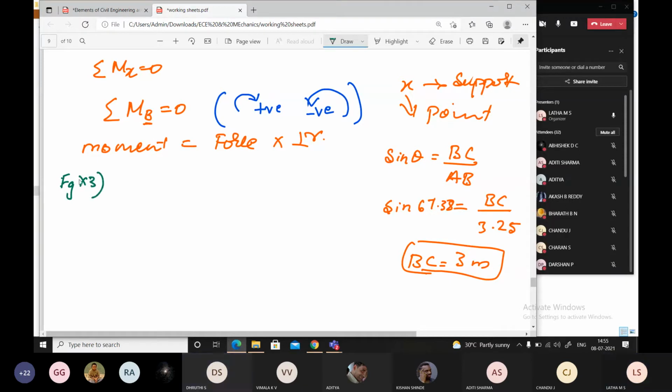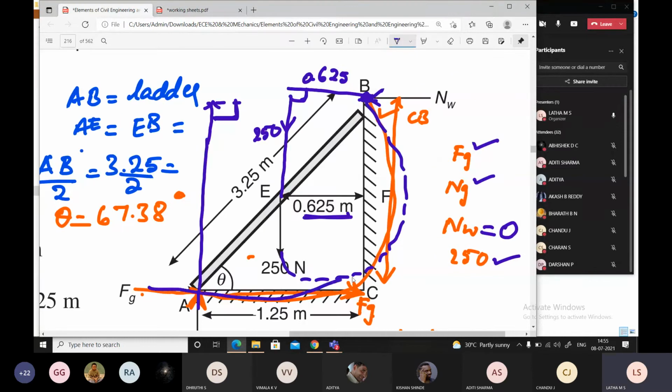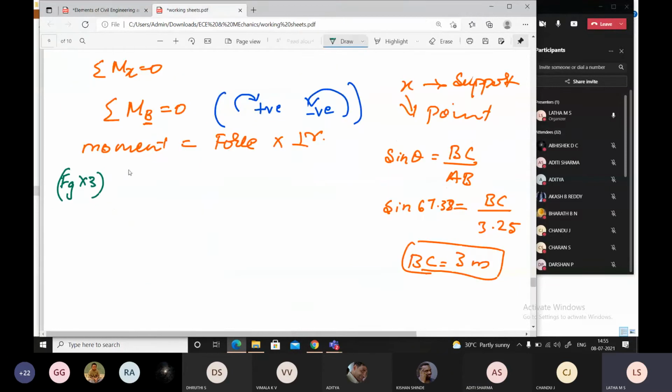Ng into 1.25. Plus or minus, you should mention that. Is Fg plus or minus? Fg is moving in this anti-clockwise direction. Minus, ma'am. So it is minus.